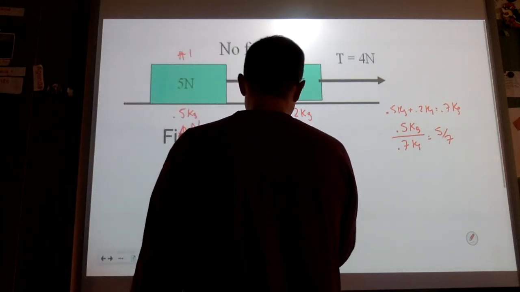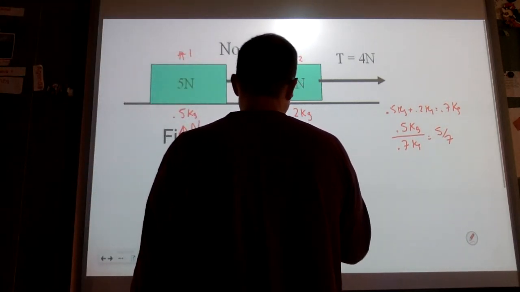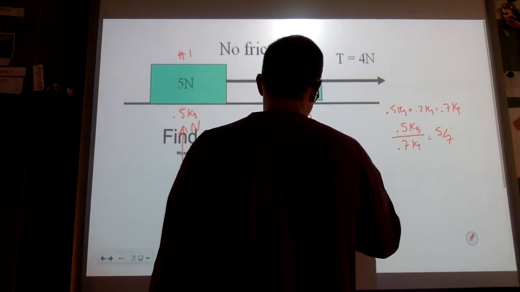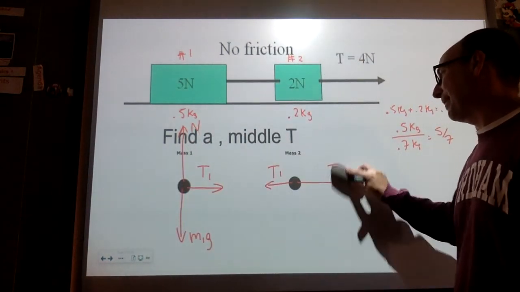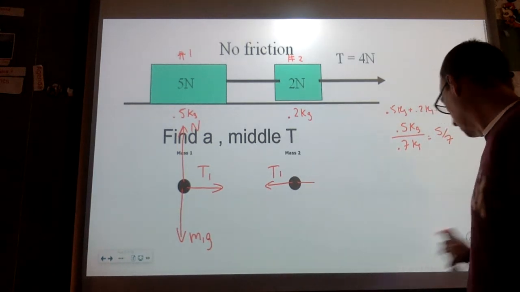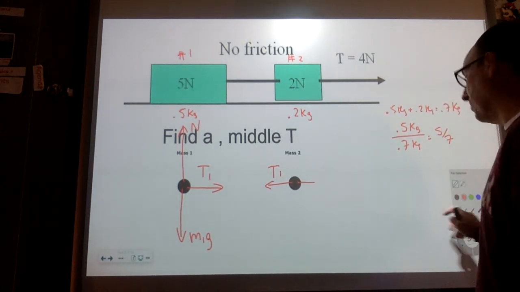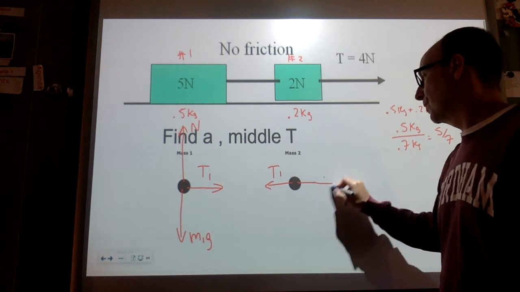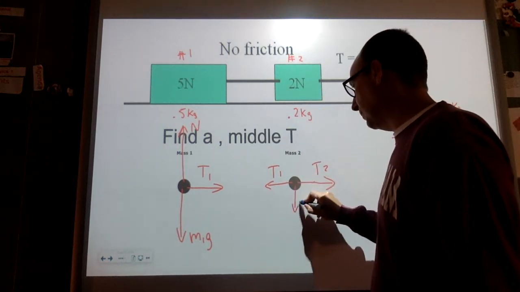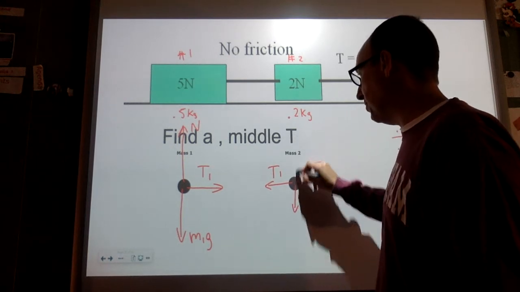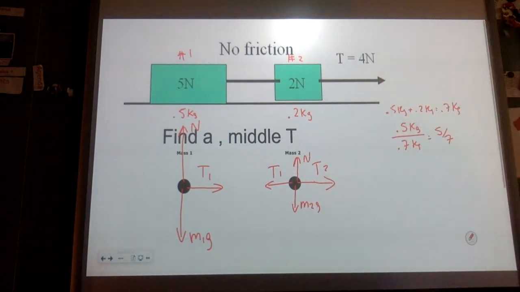Mass 2 is pulled to the left by T1 and pulled to the right by T2. And this should be longer, maybe not that much longer. But I know there's an unbalance because we're accelerating.